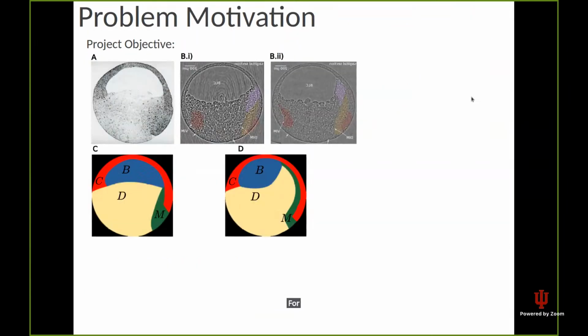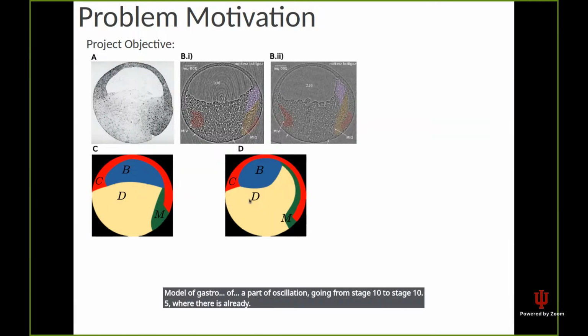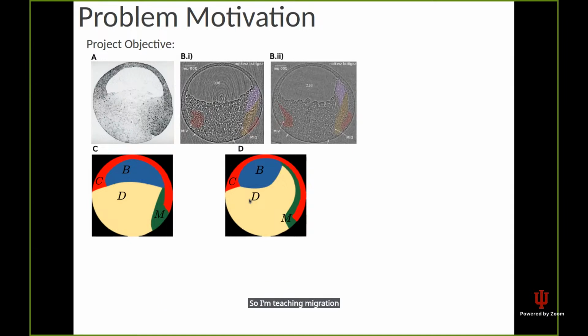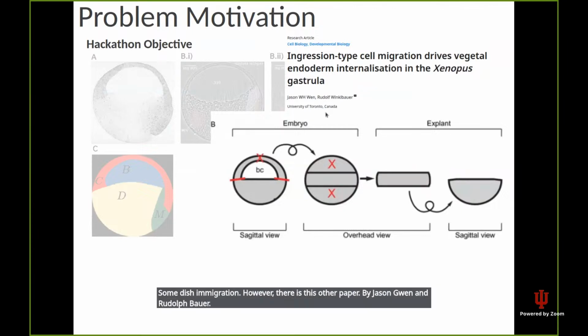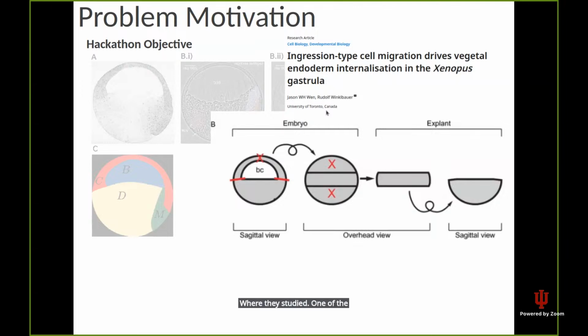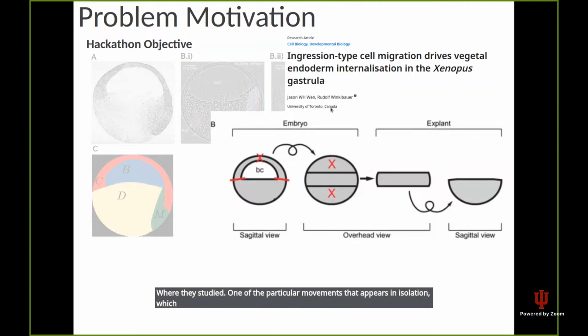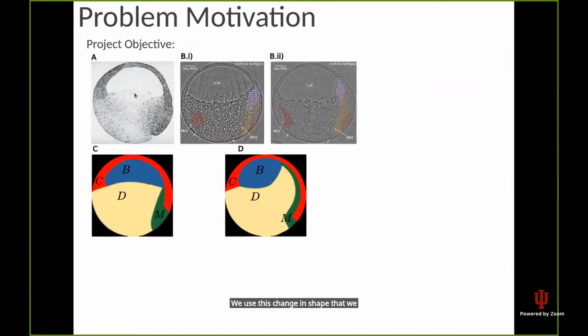For my master's project, I built a CellPods model of a part of gastrulation, going from stage 10 to stage 10.5, where there is already some tissue migration. However, there is this other paper by Jason Wen and Rudolf Bauer, where they studied one particular movement that appears in gastrulation, the vegetal rotation, which is the change in shape that we observe in the endoderm from one stage to another.